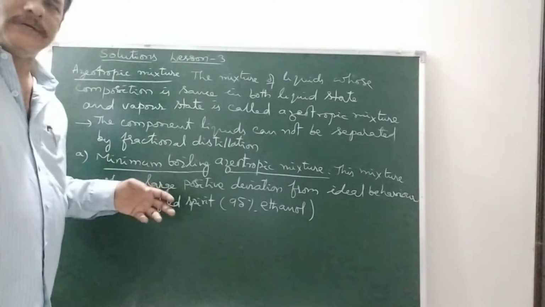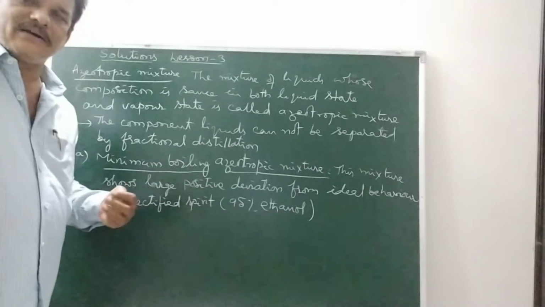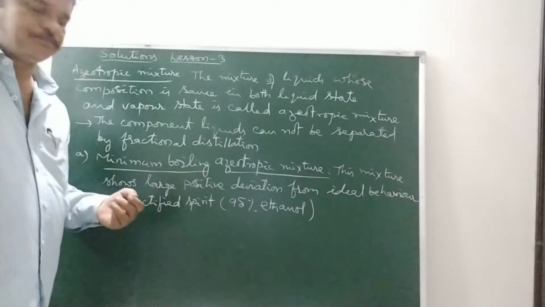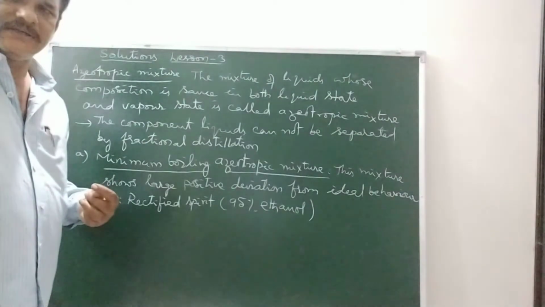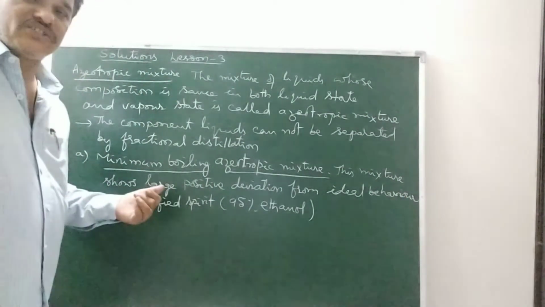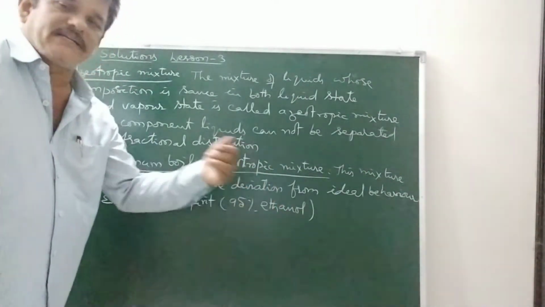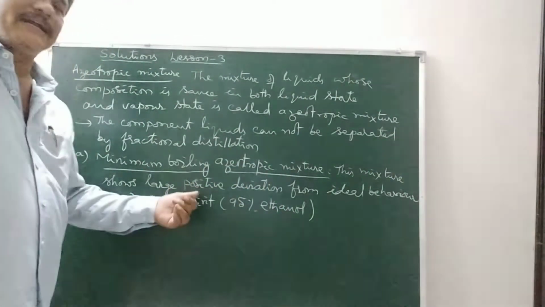After 2 days, 16% ethyl alcohol is formed. That is called mash. If it undergoes fractional distillation, then after some time we will get 95% ethyl alcohol, which is called rectified spirit.